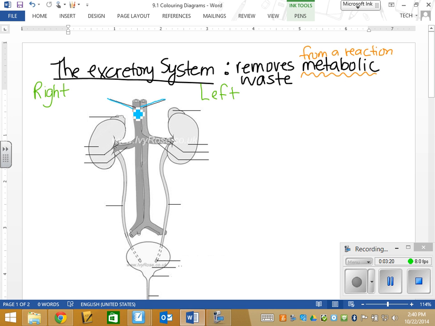Chances are you colored them different colors. Now there's no rule about which one has to be on the left and which one has to be on the right. But if you take a look at your textbook or at most drawings, we'll just make our picture be the same as the one in your textbook so that everything matches up.